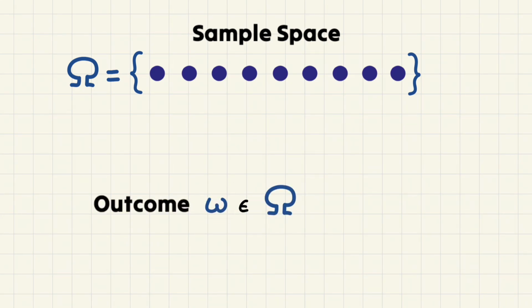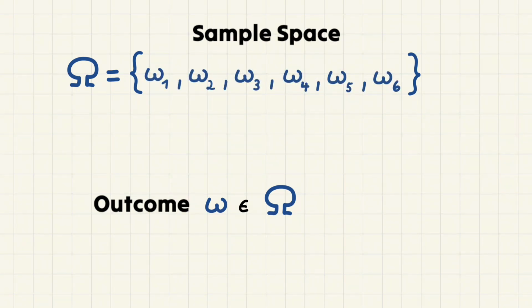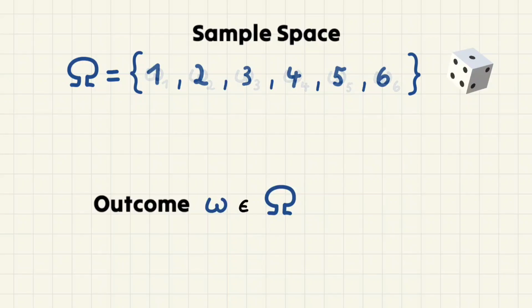A sample space can have a finite number of elements, like in the random experiment of rolling a die, where there are exactly 6 possible outcomes, represented by the numbers of the faces. The elements can be counted and labeled.